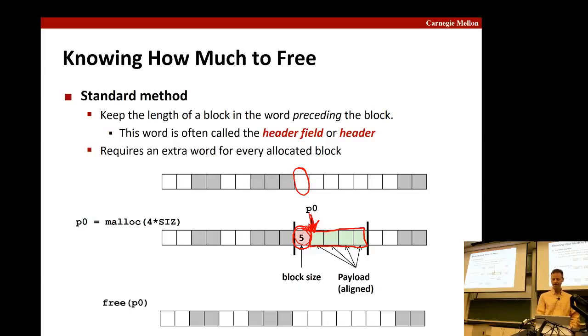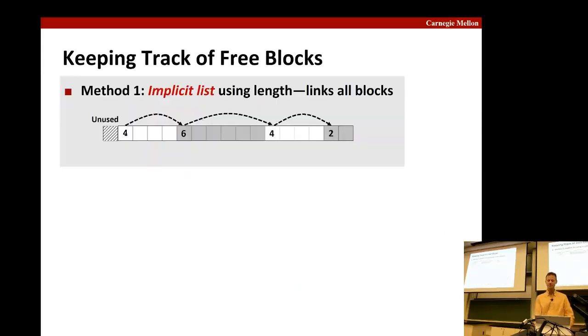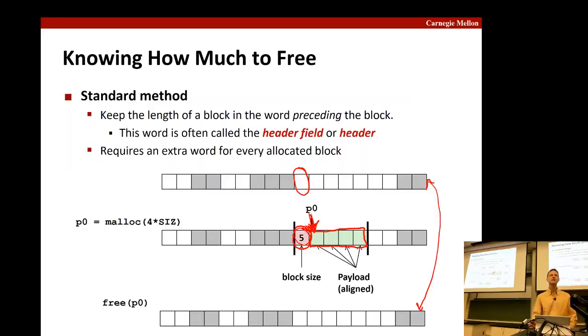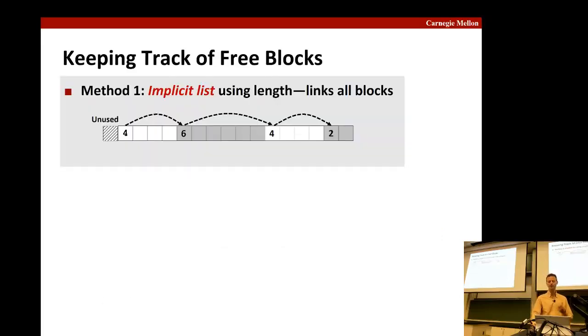If I later free that, then both this length field and this allocated thing are available again, so you can see that I'm back to the exact same state as before. Any questions on that? Okay, good. So that tells me exactly how much to free when I get one of these pointers.